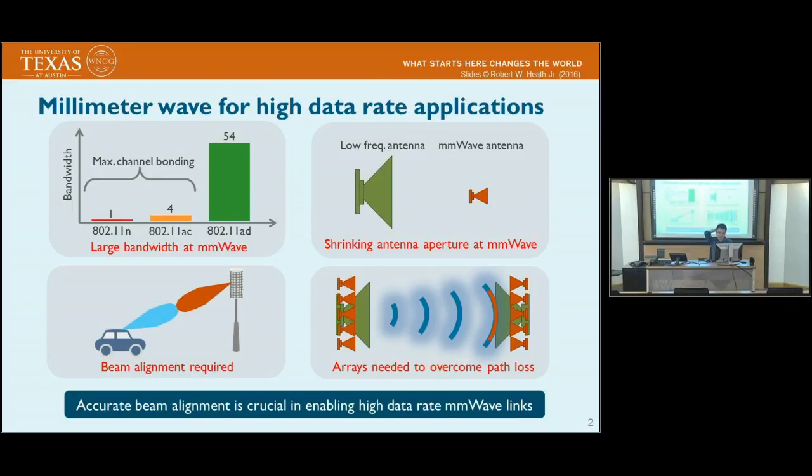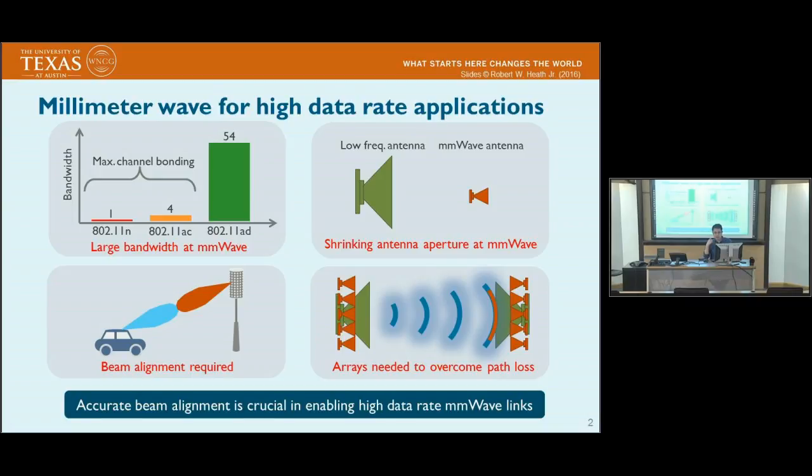One of the challenges is the shrinking antenna apertures due to the increase in frequencies. As an illustration, at low frequency you have a larger aperture, and with millimeter wave you have a smaller aperture. To compensate for that, we need to use antenna arrays, meaning that we focus the energy at certain directions.